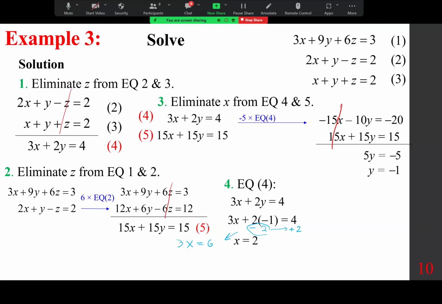Now, you go to the original equations. There are 3 of them, and probably this is the easiest one to use, equation 3, and you plug in x equals 2, y equals negative 1 to find z.